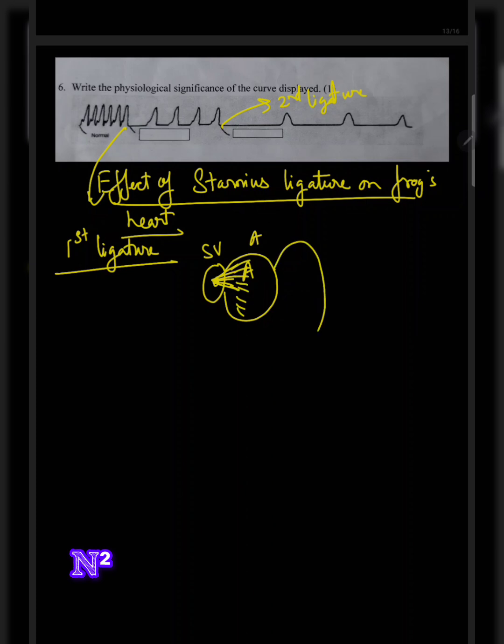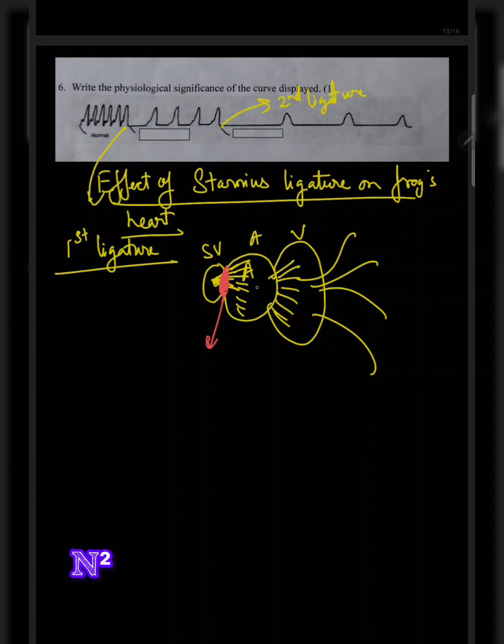Then it passes to the ventricles, and from there the conduction pathway goes to the rest of the vascular tree. Now supposedly you are tying a knot somewhere around here. What will happen, the pacemaker activity is generated in the sinus venosus, but it won't be able to pass to the next chamber.